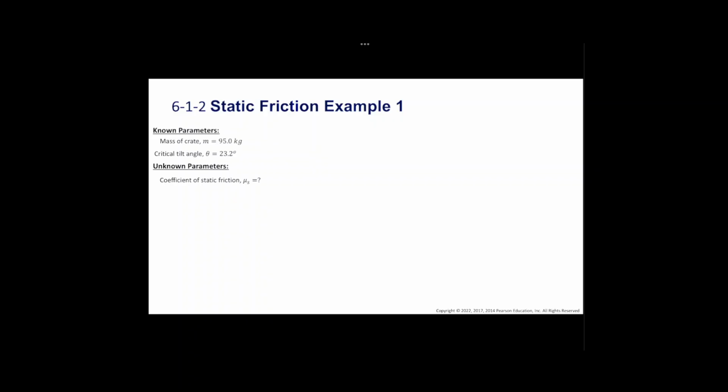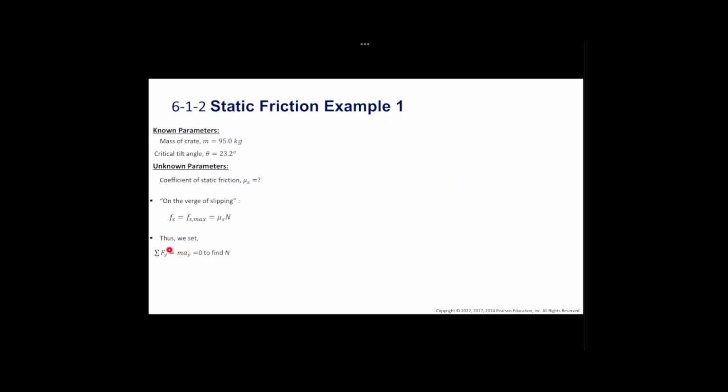So when the crate is on the verge of slipping but has not yet slipped, its acceleration should be 0 in both x and y directions. On the verge of slipping means that the magnitude of the static friction is at its maximum value, so it is at f x max. Therefore we can set the y direction acceleration to 0.